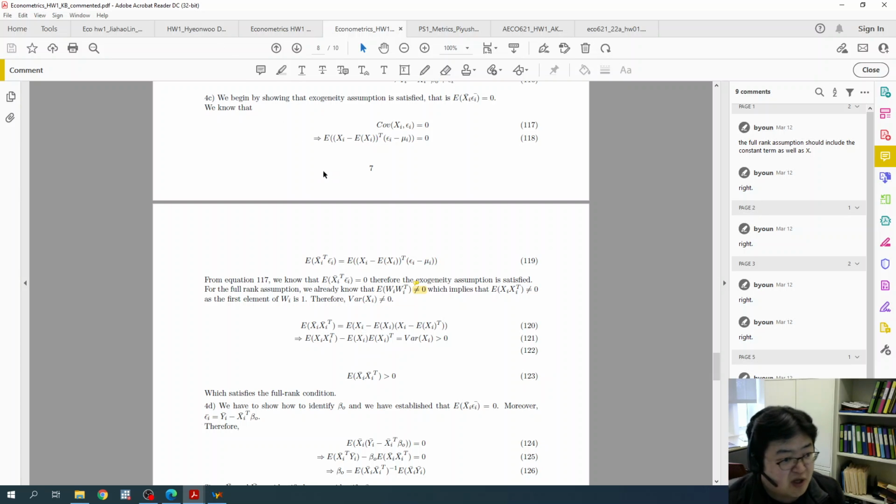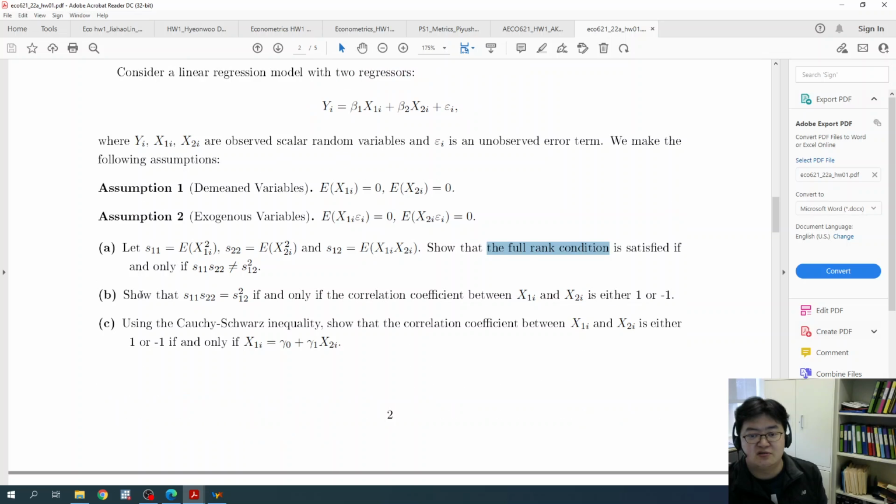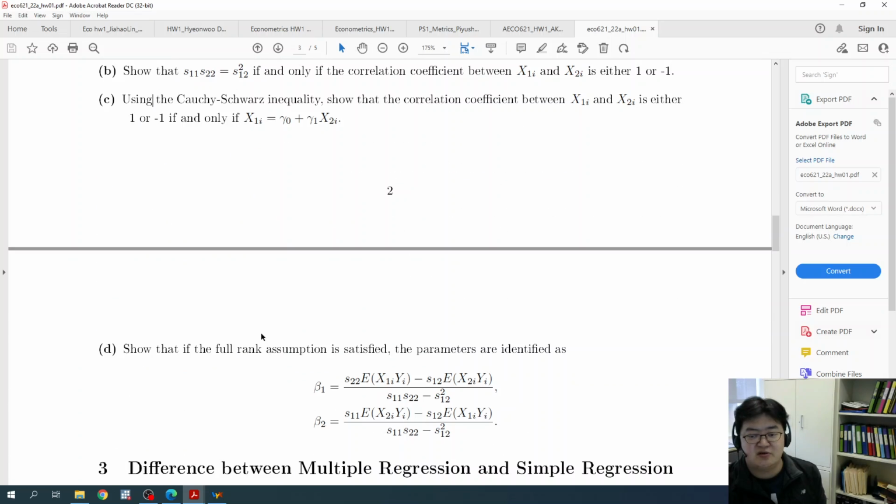In case you do not understand what the determinant of a matrix is, go review linear algebra. At least in the 2x2 case, I learned determinants in high school, so I assume you understand what it is. Okay, that is it. All the other questions are more straightforward, so most of you have done well.